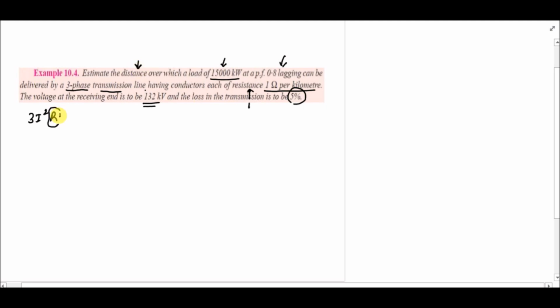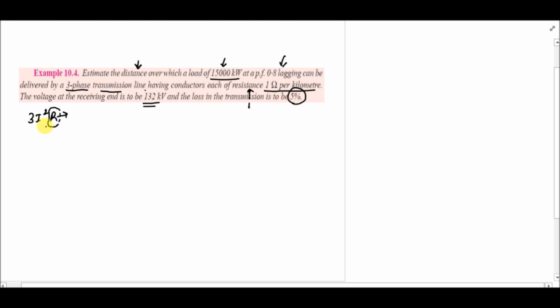So this is actually the total resistance of the transmission line. So if we know this resistance value, we can calculate the distance over which the transmission line has to be built. And this I square R formula is used in line losses, and we know that the maximum losses in the line should be less than 5%.